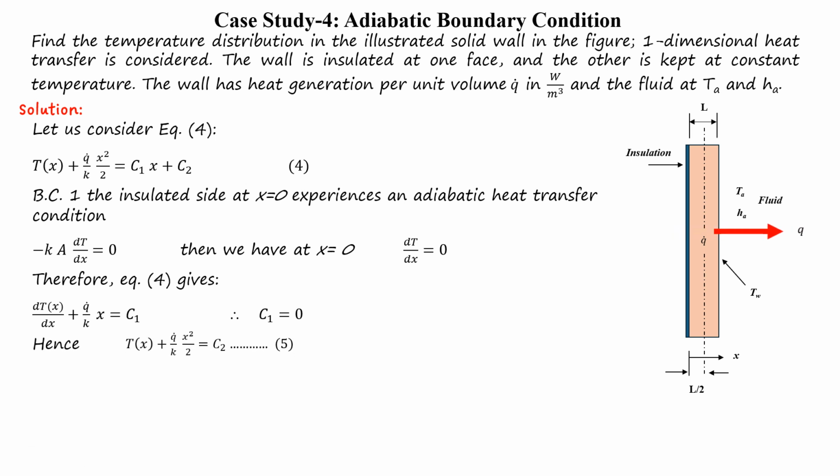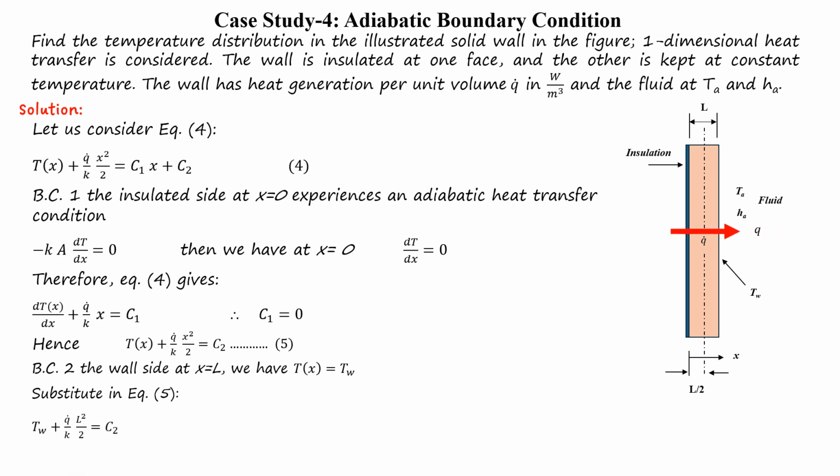If we substitute this value of c1 in equation 4, then we will end with equation 5, T of x plus q dot divided by k times x squared divided by 2 equal to c2. Then we need another boundary condition, and let us take x equal to L, then T equal to T sub w.